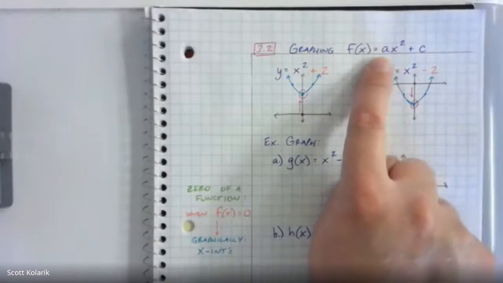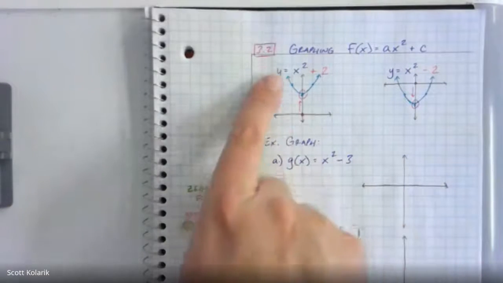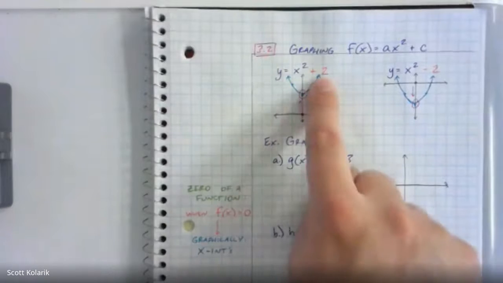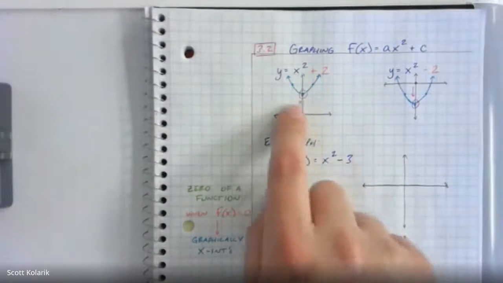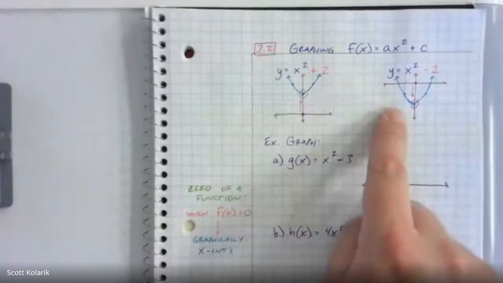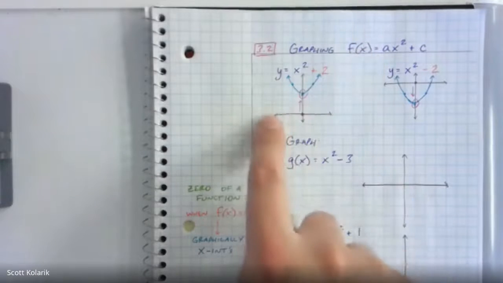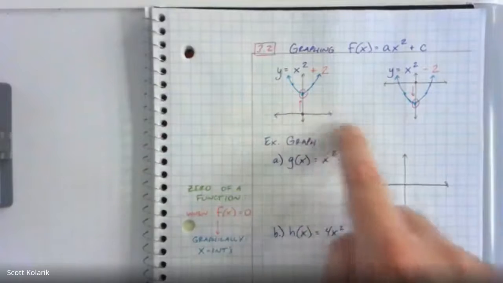Okay, the second way that a is going to affect it will be whether or not it's happy face opening upward. If a is a positive number, it's going to open upward like both of these guys. If a had been negative, any negative number, however big or small, it's going to open downward, or be sad face.